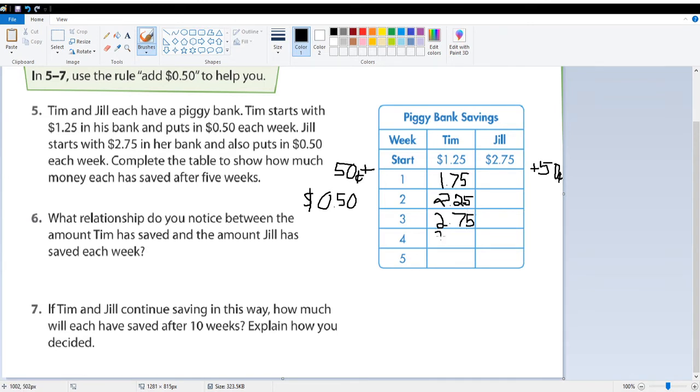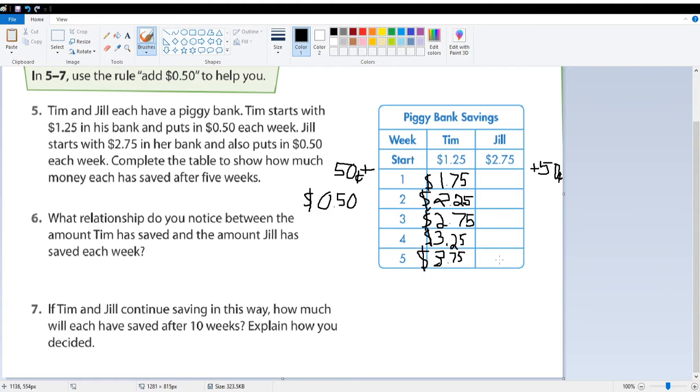And then plus 50 is 325. And then plus 50 is 375.